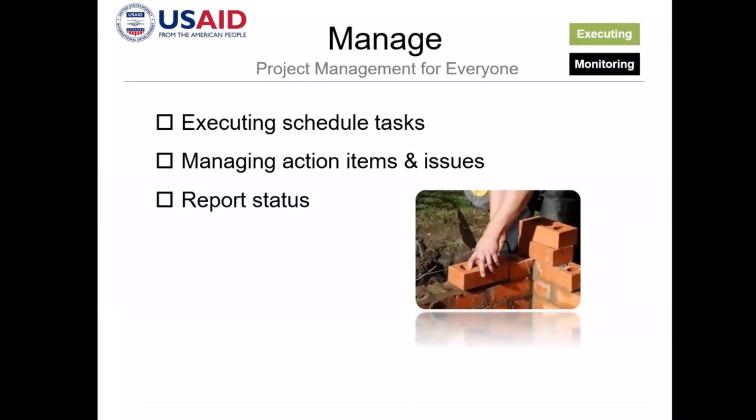So once the project plan is signed off, right, we now go to the execution phase. And during the execution phase, of course, it will not always be smooth. There will be some hiccups during the implementation, and there will be issues that will happen during the course of the project. And this time, you will have to take note of all those issues and list them, and you will come up with the action items for each of the issues that are encountered in the execution of your project.